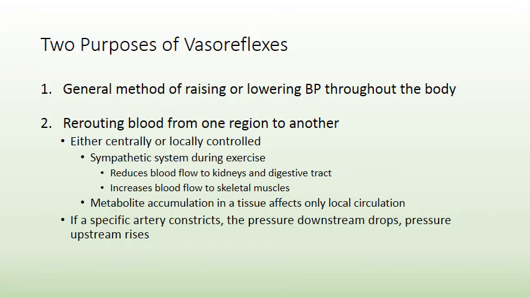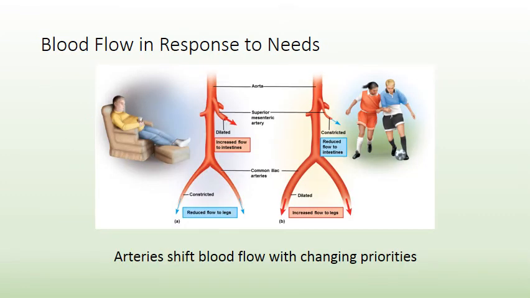And it's going to increase blood flow to skeletal muscles. So we're going to constrict the blood vessels that are leading to the kidneys and the digestive tract, and we're going to dilate blood vessels that are leading to the skeletal muscles. If you are sitting in your chair, you've just eaten dinner, you're going to dilate the blood vessels leading to your intestines and constrict those leading to your legs, because you're not currently using your legs, so you don't need a lot of blood flow to them, but you are actively digesting, so you want increased blood flow to the digestive organs.